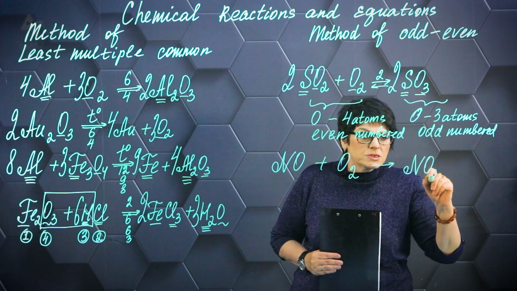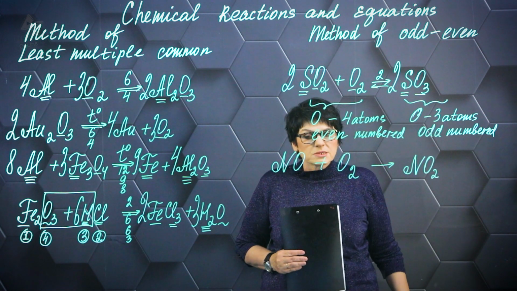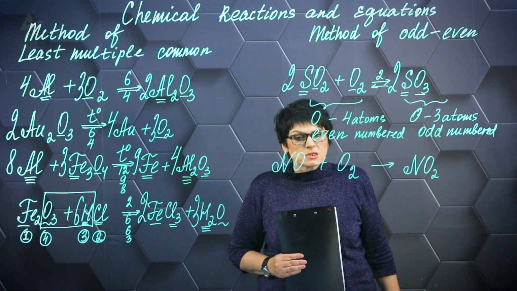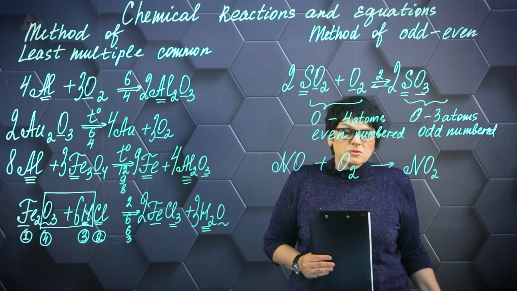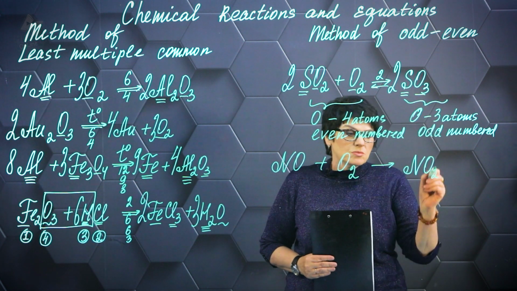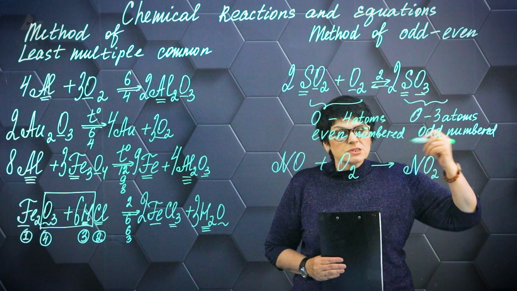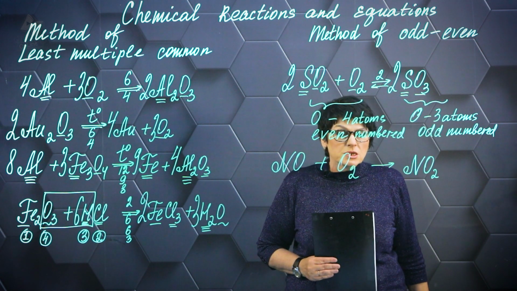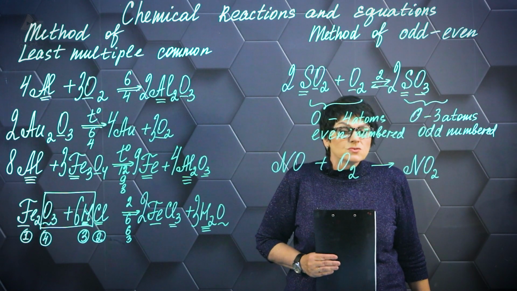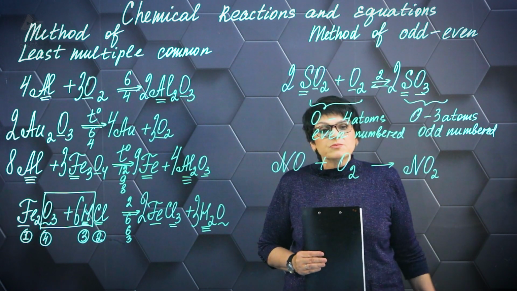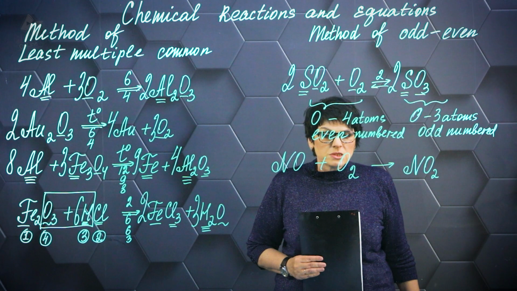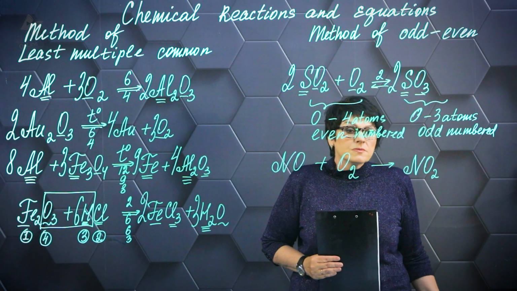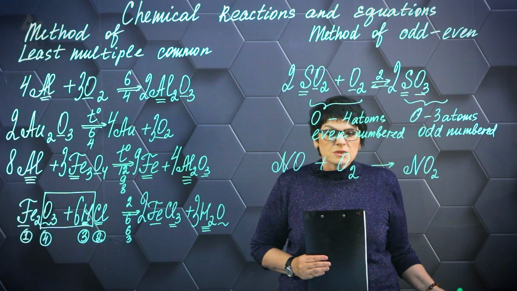This reaction happens when during a thunderstorm, nitrogen oxide, NO, is formed from nitrogen and oxygen, and then under the action of oxygen present in the air, NO2 is formed. Then, from nitrogen dioxide, under the influence of water and oxygen, nitric acid is formed, which is the reason for acid rain. But nevertheless, this reaction happens in nature, and it's important to know about it.